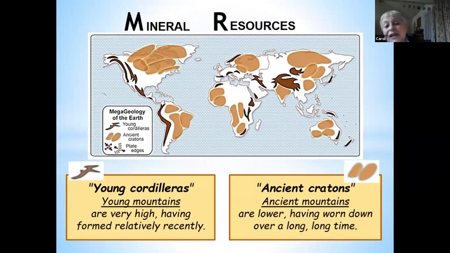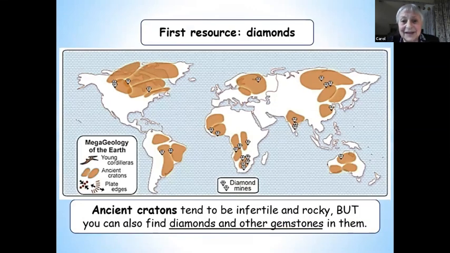The symbols on here, the really dark, elongated symbols, I can point to them. The elongated symbols are the young, very high mountains, and the blobby, browner ones are the old worn down mountains, the cratons. Just a new word. And look where the diamonds are.